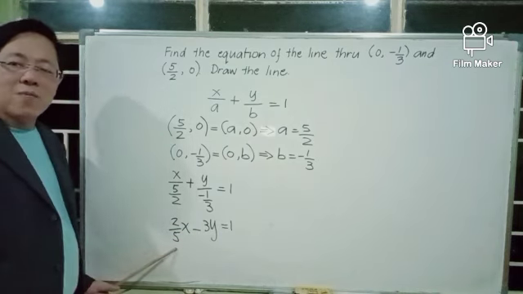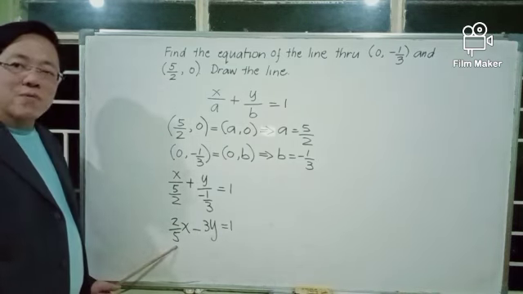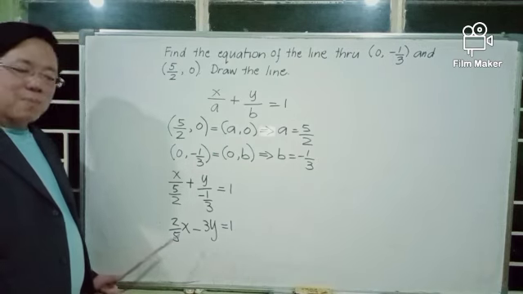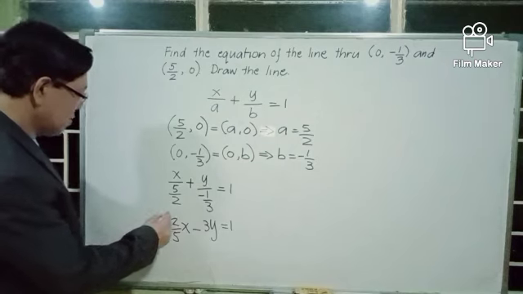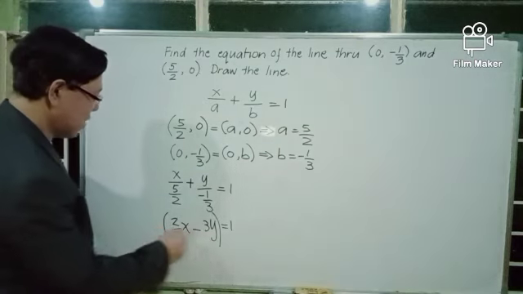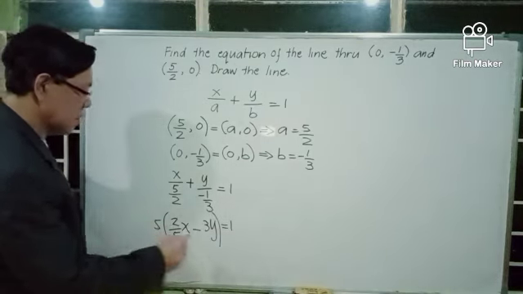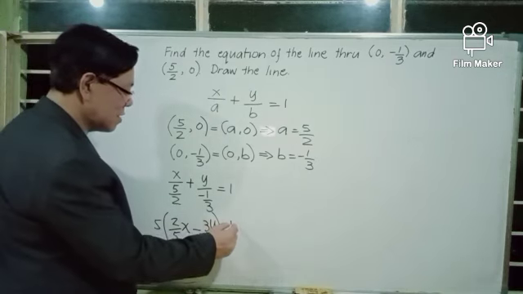To get rid of the denominator 5 here, we multiply both sides of the equation by 5. We multiply the left hand side by 5, and we multiply the right hand side by 5.